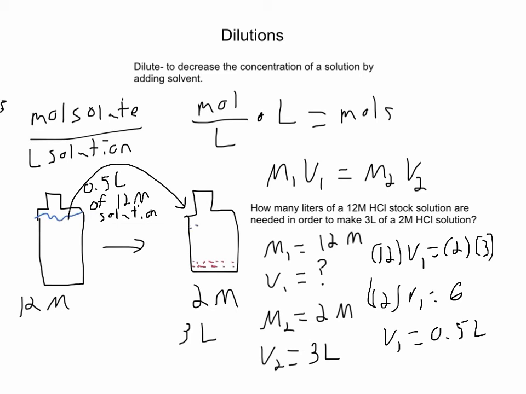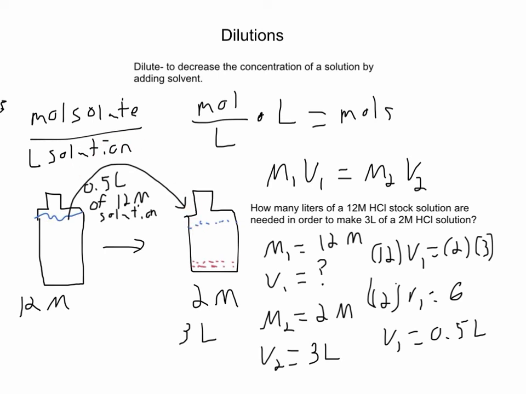So on top of that, we're going to add 2.5 liters of water. The dilution equation allows us to figure out how many liters of solution we need to transfer from high concentration to make a lower concentration solution.